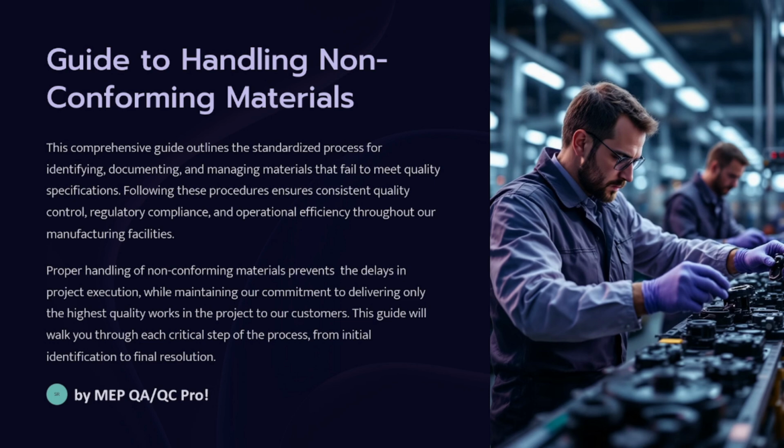Everything should be the same and fully complied. That is the conforming material. Non-conforming means that it is not aligned. So when the material fails to fully meet the quality specification, it is all under non-conforming material.